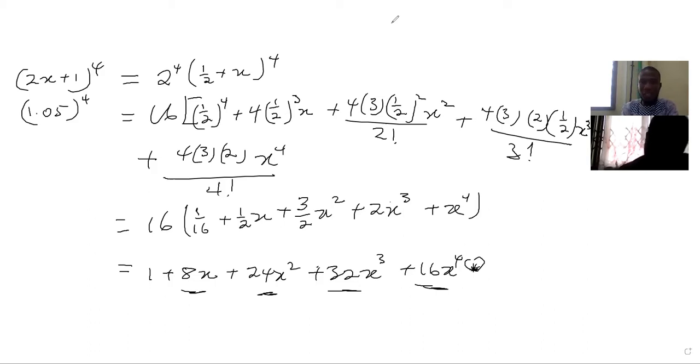And then when you started, I was telling you that this one, there are two ways we can solve it. One of them is what you have done now. And I think that is what I gave you at the beginning of this lesson. I gave you a note at the beginning that if it is expressed in some way, you have to make sure you express it in another way.